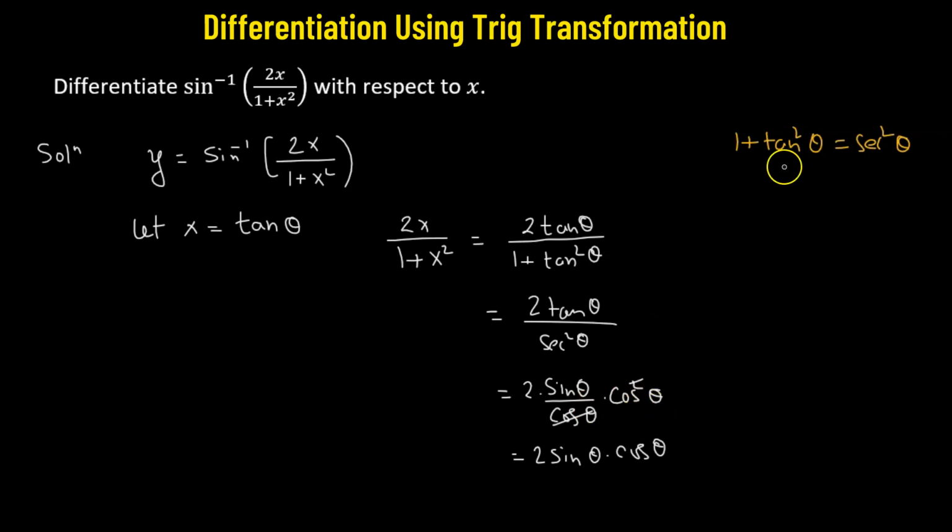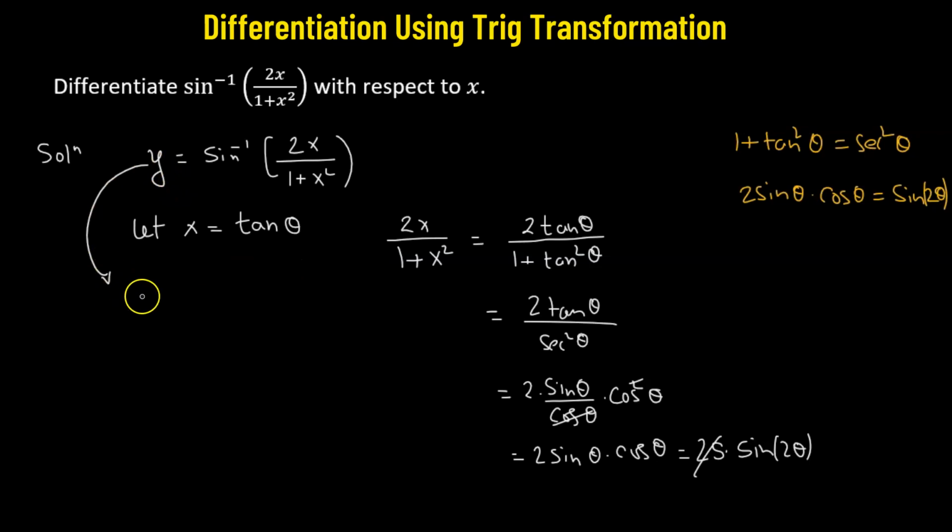However, we know that 2 times sine theta times cosine theta is a trigonometric identity with the value sine of 2 theta. So in place of 2 sine theta cosine theta, we can have sine of 2 theta. That means our function y can now be represented as y equals sine inverse of sine of 2 theta.